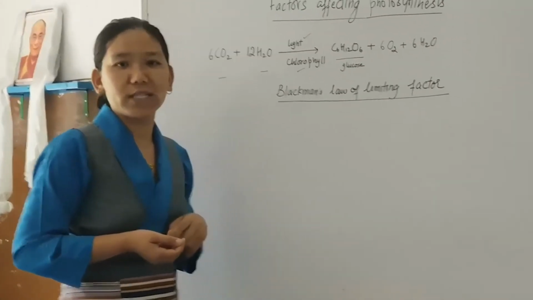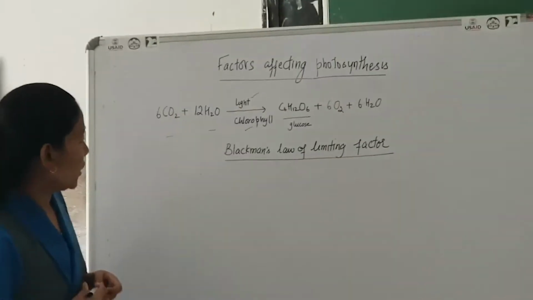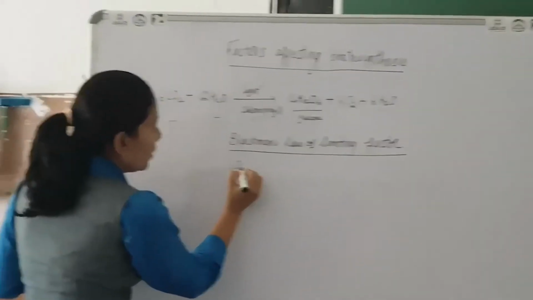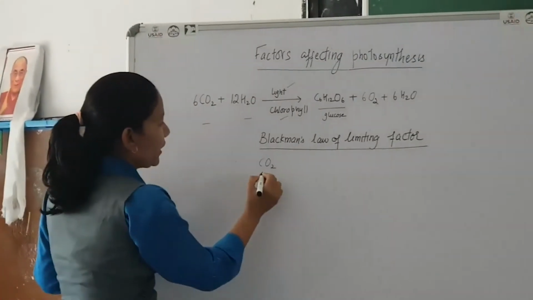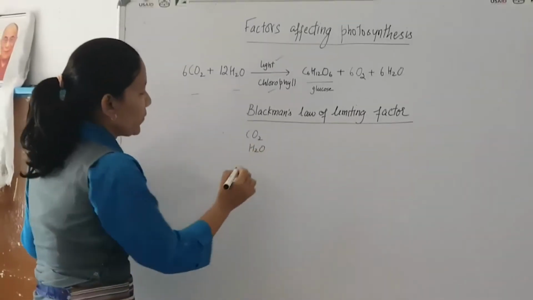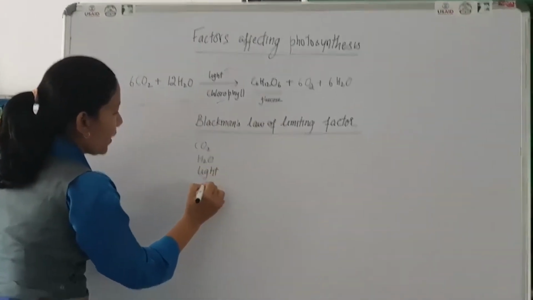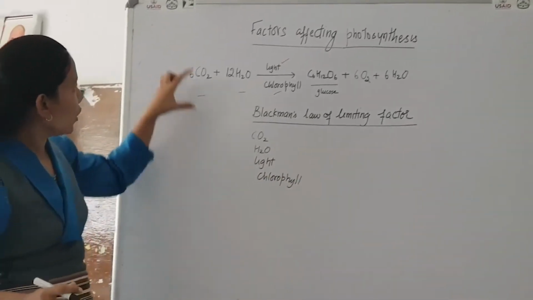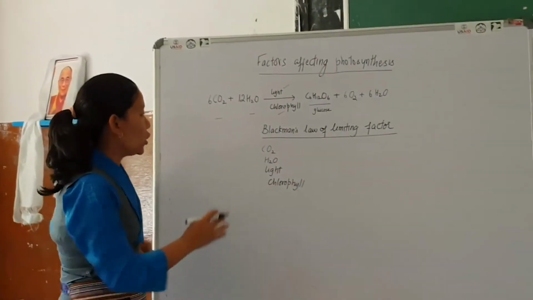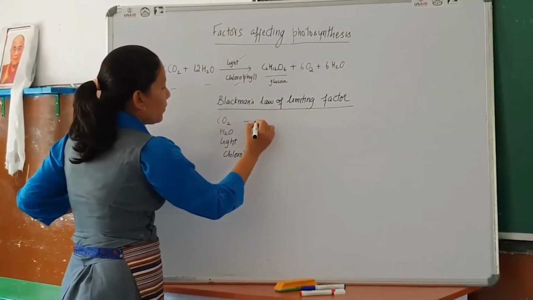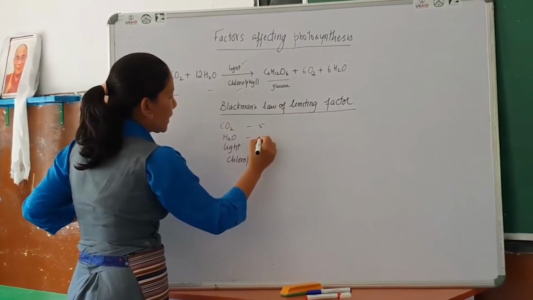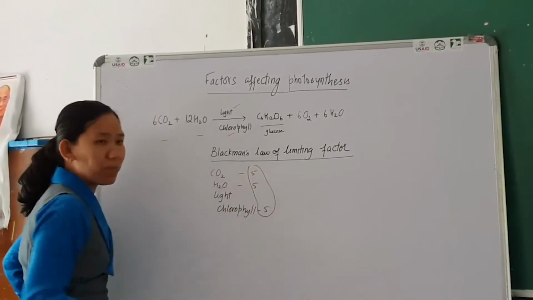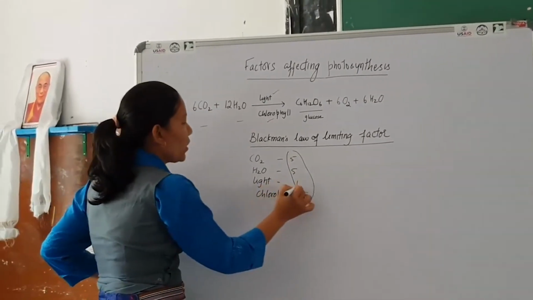So here it is photosynthesis. Okay, so that is one thing. So I'll just elaborate. For example, here the factors like carbon dioxide are defined, water is also there, light and chlorophyll. So these are the factors you can take out from this reaction. So let us suppose the amount of carbon dioxide and water and chlorophyll, of course, are at the optimum level, and light, let us say, is very less.